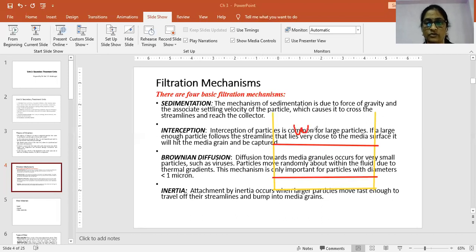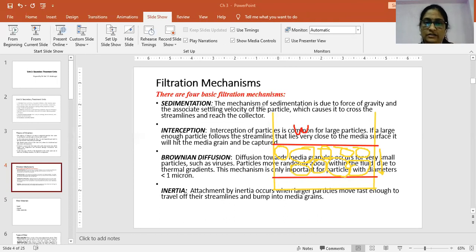Here will be the water which you want to filter, and here there will be the sand particles. Smaller size sand particles at the top, and as it goes towards the base, the size should increase. Likewise, we need to design the structure.